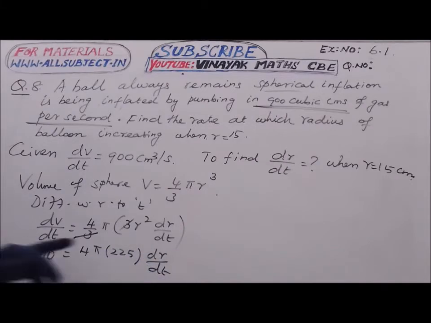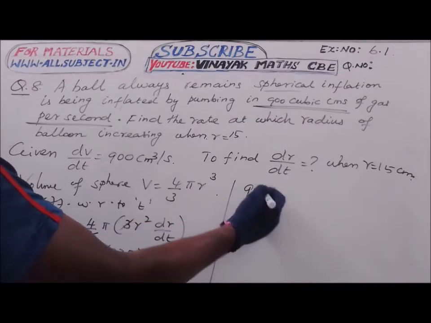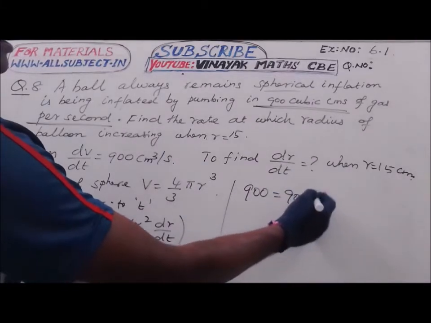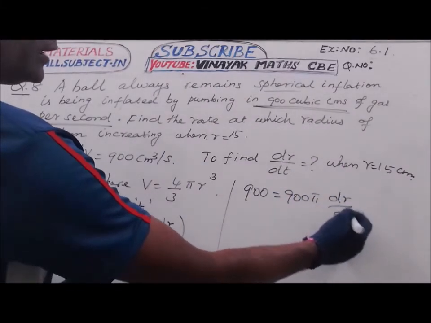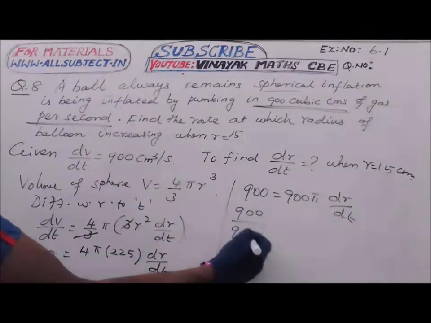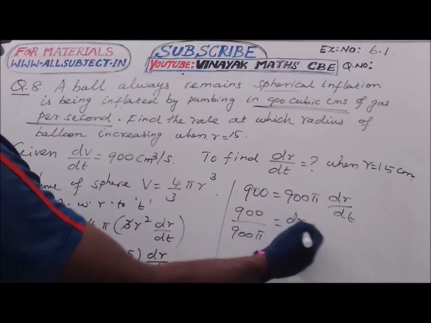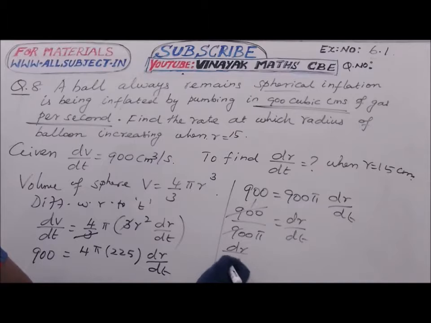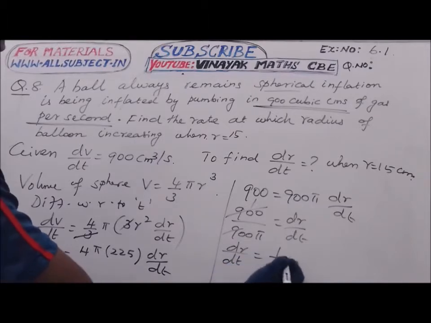We need the value of dr by dt, so dividing 900 by 4 pi into 225: 4 times 225 is 900, so we have 900 pi on the right side into dr by dt. Dividing by 900 pi, we cancel 900, so dr by dt is 1 by pi.